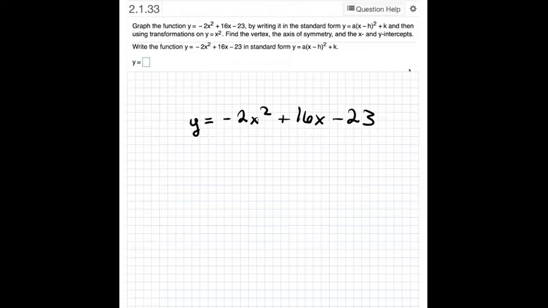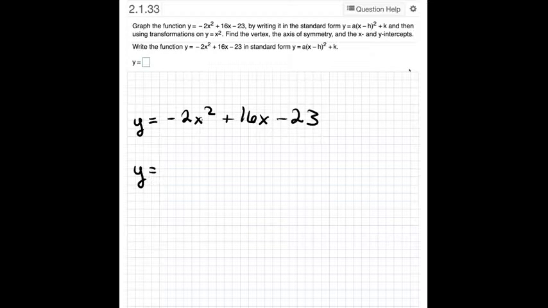So I'm going to factor out negative 2 from the first two terms. I need this to go to the far left over here. We're going to need about this much space. This negative 23 is going to be over here by itself.